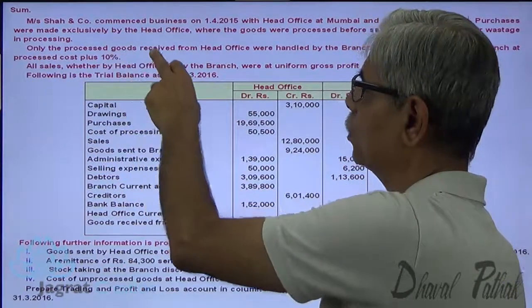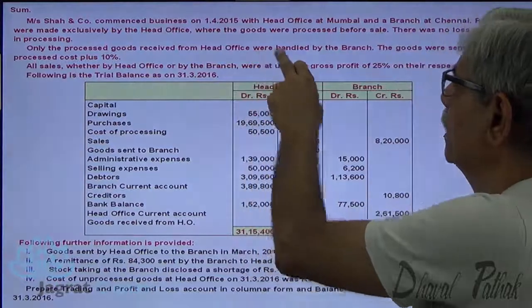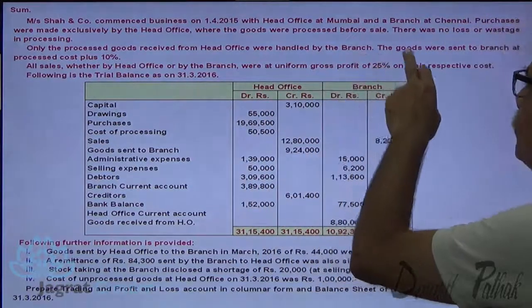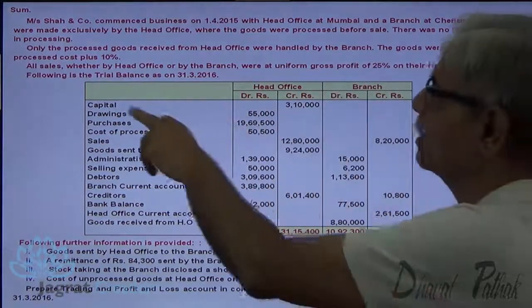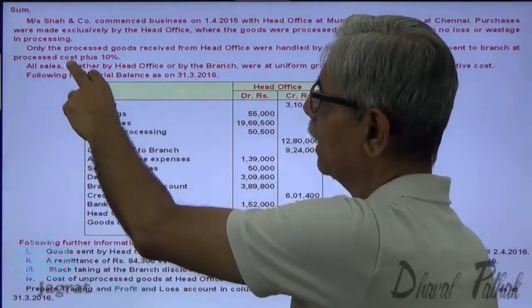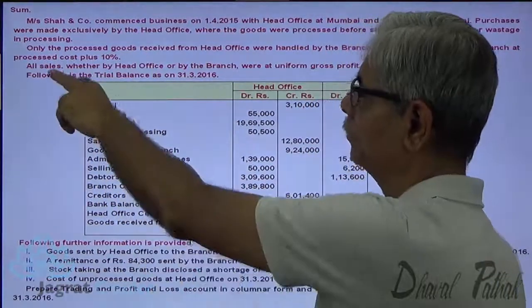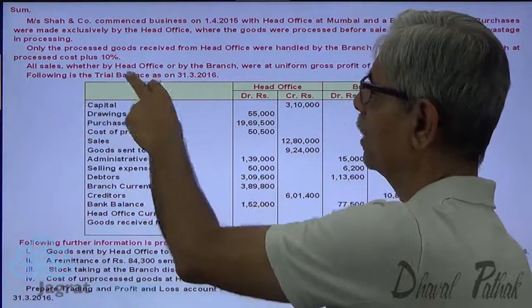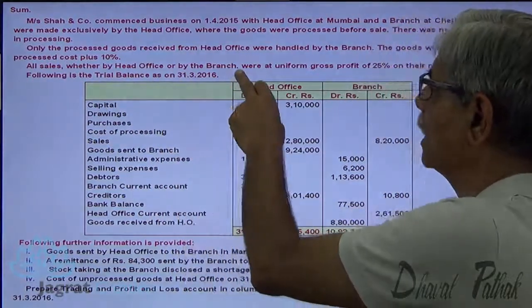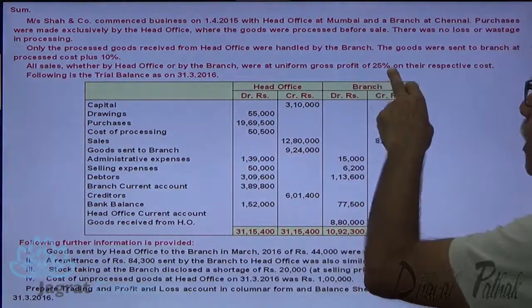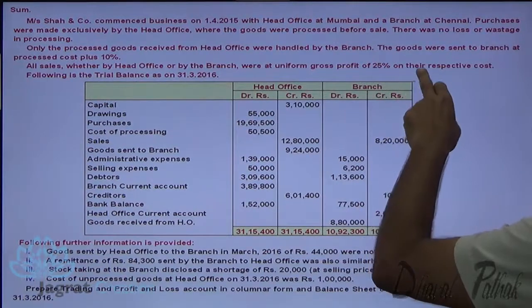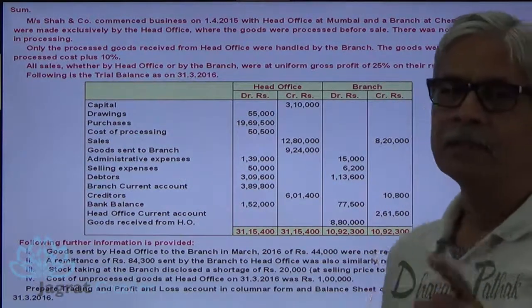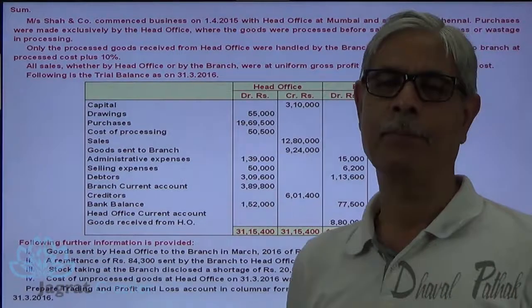Only the processed goods received from head office were handled by the branch. Goods were sent to the branch, processed, at cost plus 10%. All sales, whether by head office or by branch, were at a uniform gross profit of 25% of their respective cost. That's an important point.